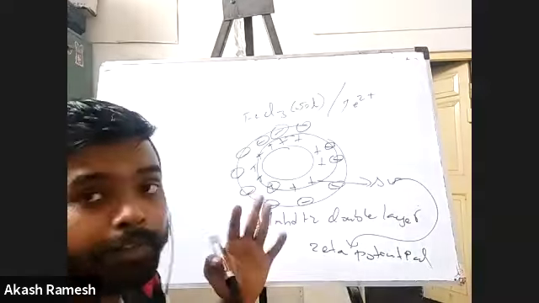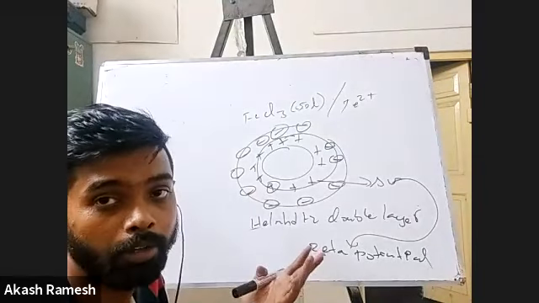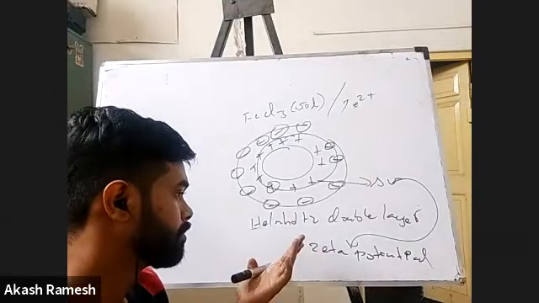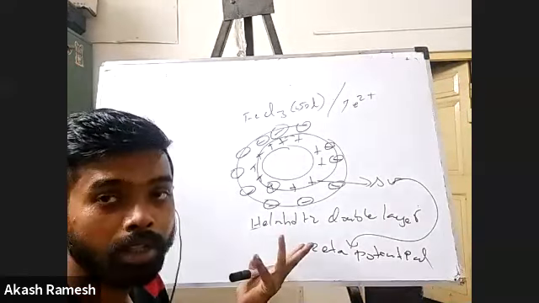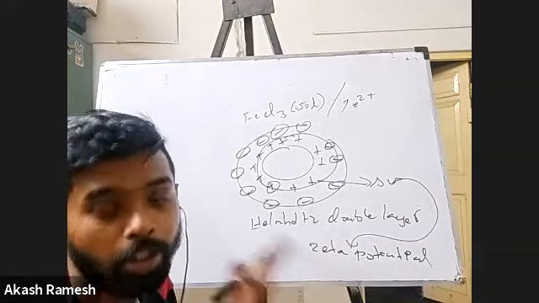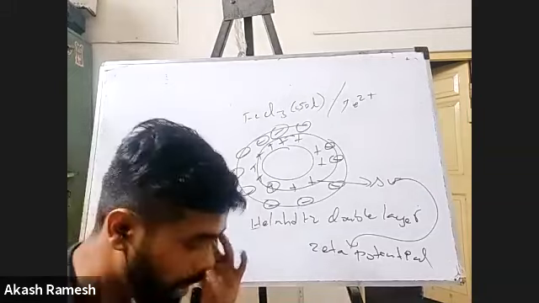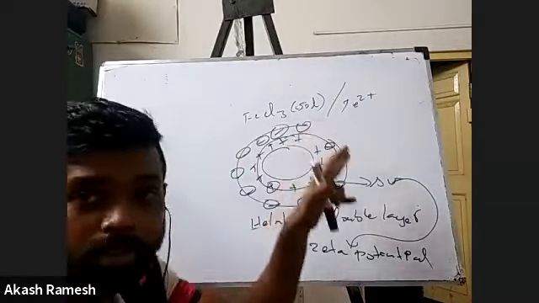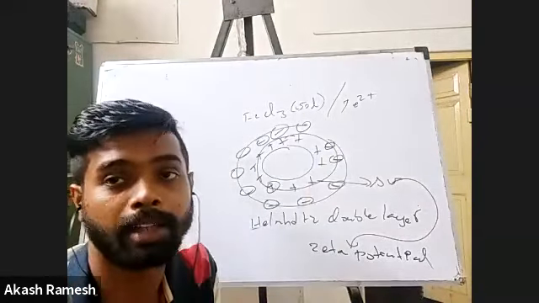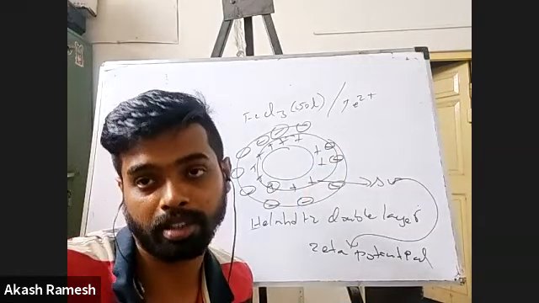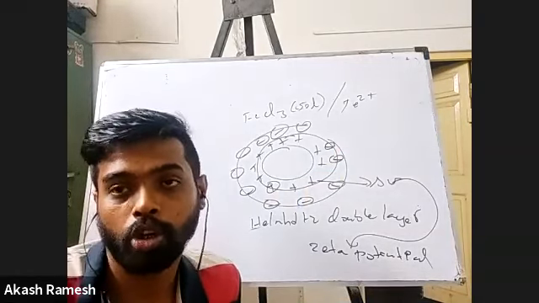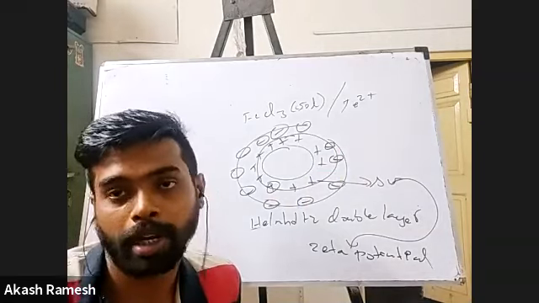So we saw three things: Tyndall effect, charge, and one more was Brownian movement. Obviously now you understand that because of this charge, I can have one more property, and that is what is called your electrophoresis. Electro means charge, electrons.